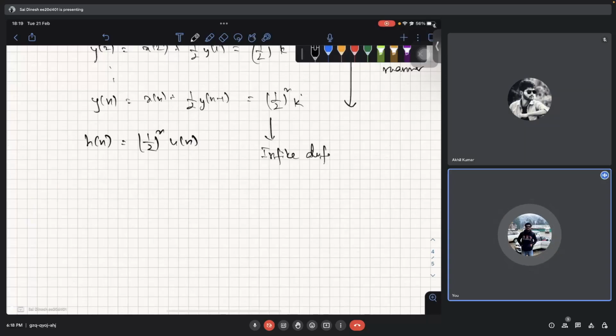This has infinite duration, basically. So this is an IIR system. Right? So this is something about the LCCDE equations.